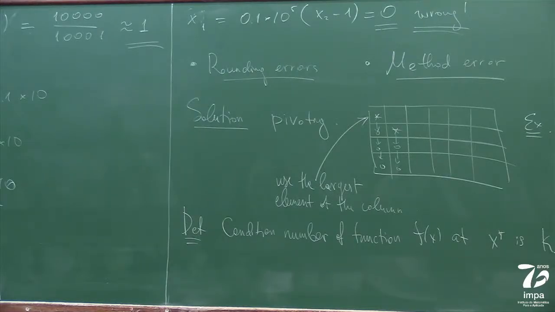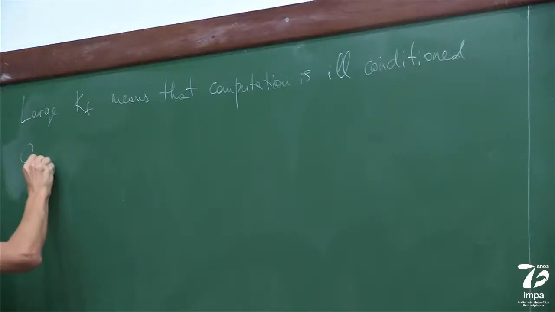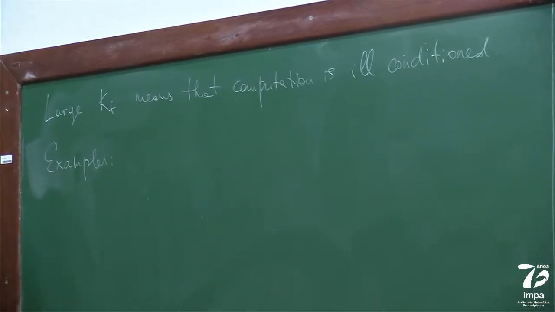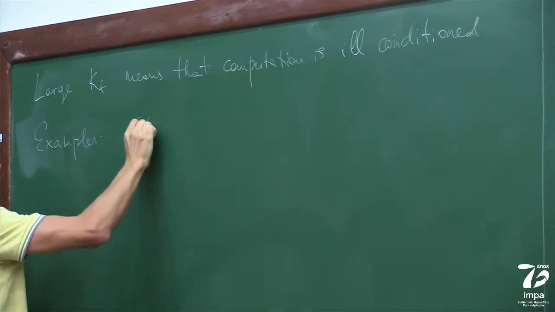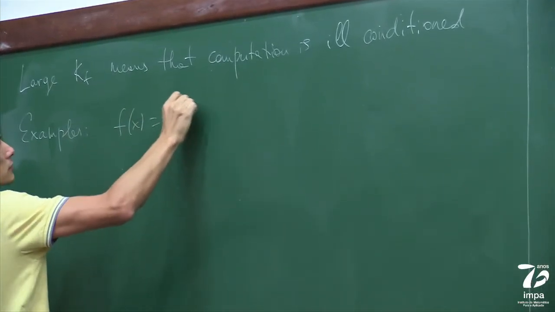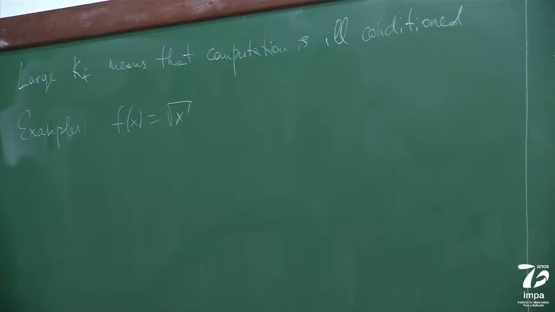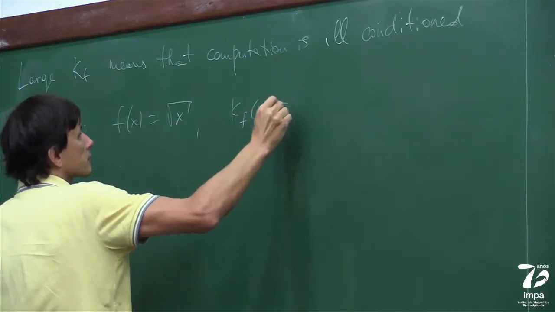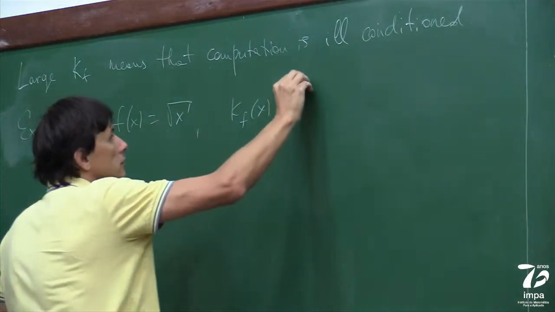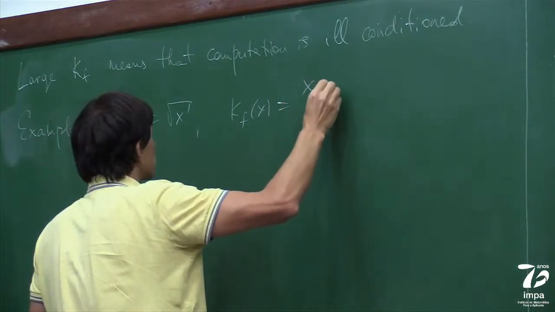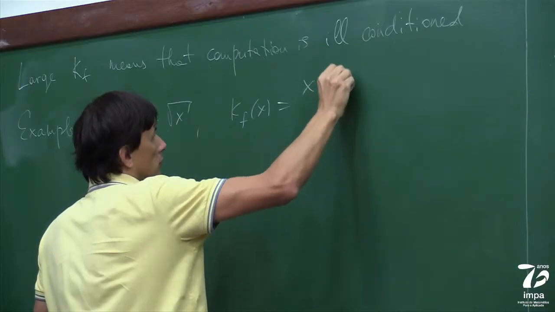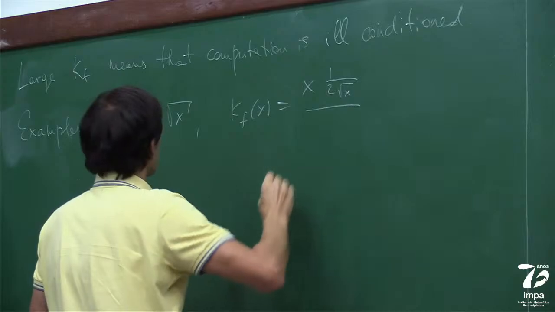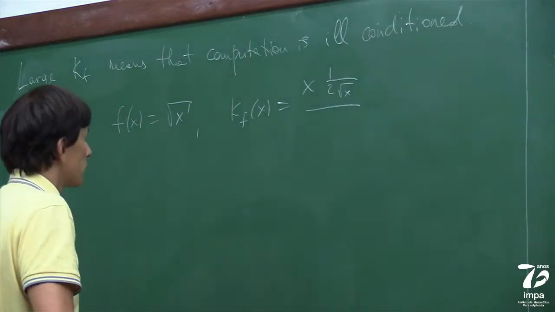And you can put very simple examples to see it. For example, take the square root of x. What is the condition number? It is x times f prime, which is 1/2 over square root of x, and then you divide by f.